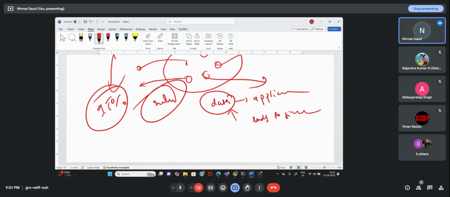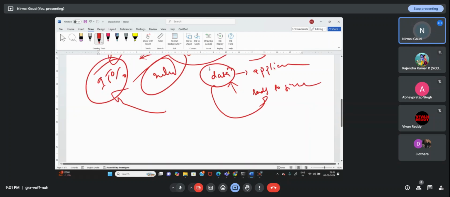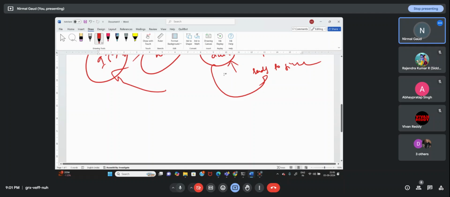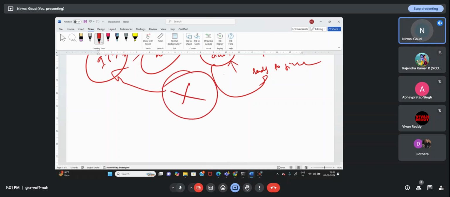Now if someone asks whether what you have done is correct or not, you have to be 95% confident. If you say that no, I'm not confident, it's giving the result but I'm not confident, then how are you going to validate your result?